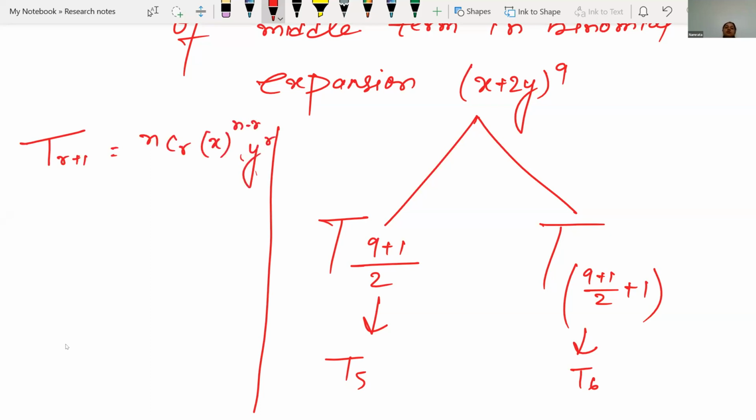Similarly, can you please tell me quickly what will be the fifth term if this is the binomial expansion we are having? 9C... will it be 5 or 4?